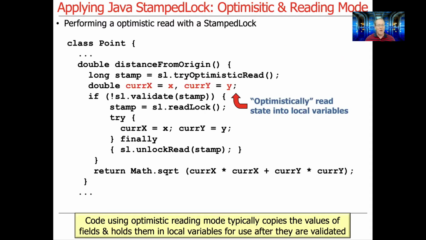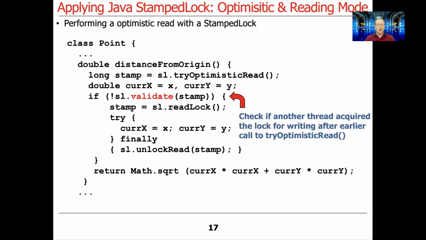And then after we make that call, we're going to copy the value of X and copy the value of Y, which are the fields in the Point class, into local variables that are local to the distanceFromOrigin method. So now we have curX and curY. And remember, tryOptimisticRead was nice and it made sure that X and Y are the latest values, but now we're going to go ahead and stash them away in these local variables.